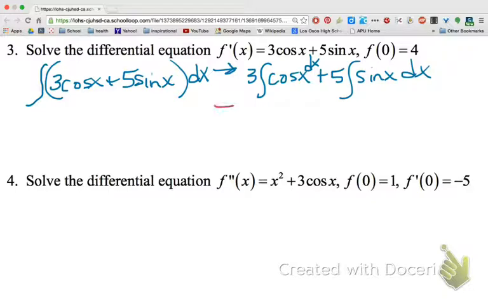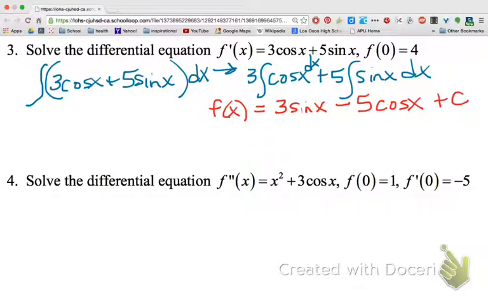we're going to write f of x equals, so the antiderivative of cosine is sine, and the antiderivative of sine is negative cosine, so that'll turn this into a negative term, plus c.